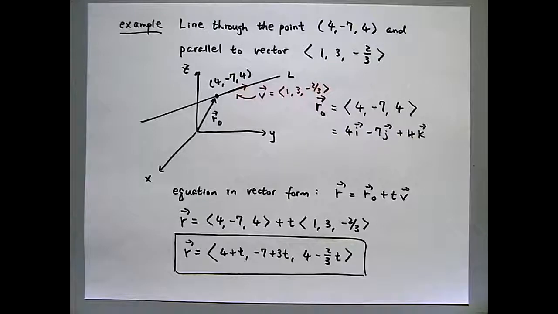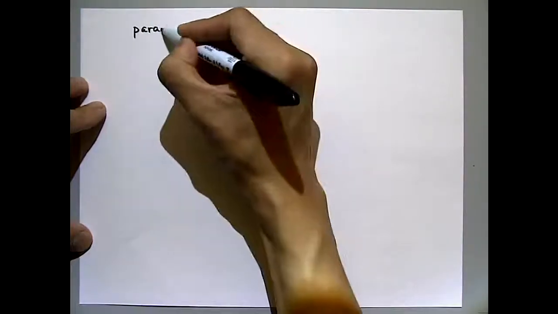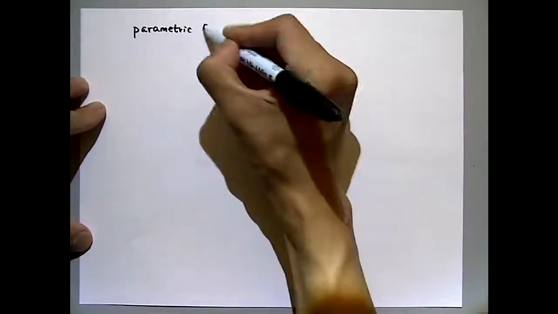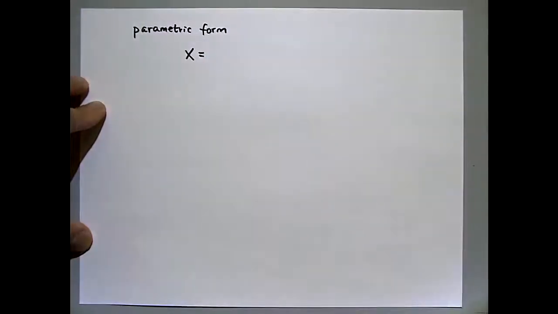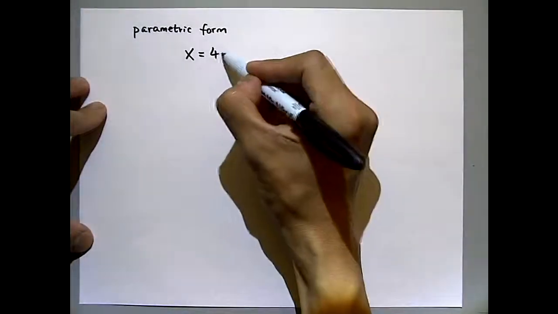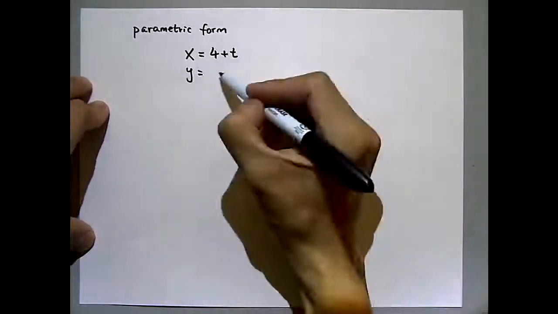That's very simple. The parametric form is just the individual components listed out. All right. So parametric form is the x component is 4 plus t. Y component is minus 7 plus 3t.